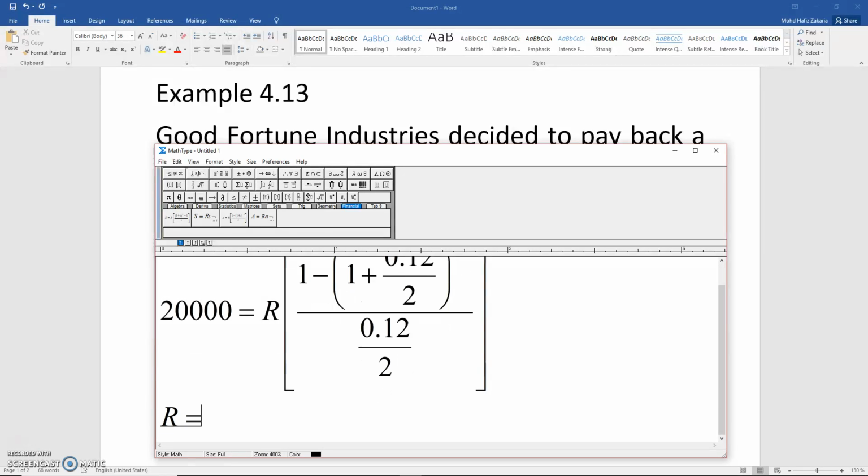You should get the value of R equal to 4,067 ringgit 0.25. So basically, if you calculate it, 4,067 ringgit 0.25.